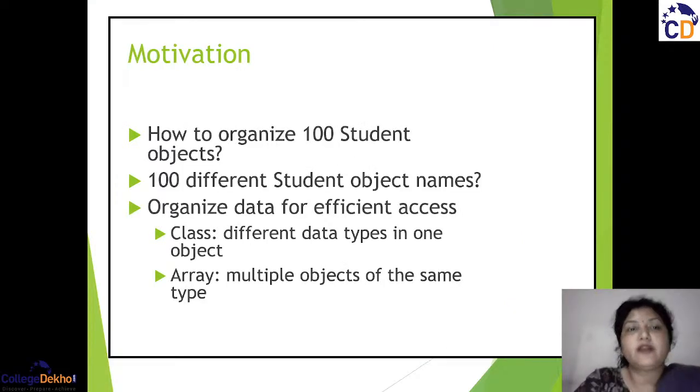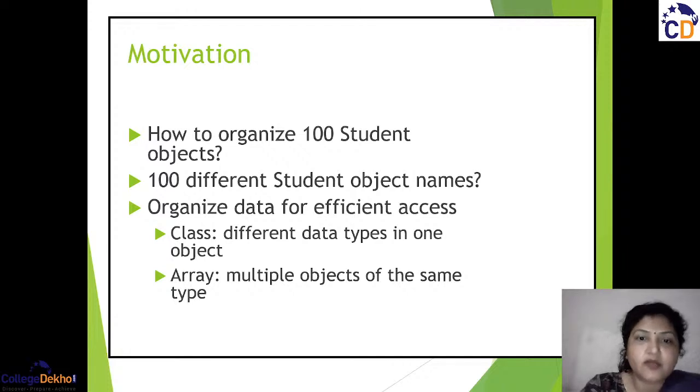First of all, what is the motivation behind arrays? Why are we using arrays? Suppose you are going to organize 100 student objects. Suppose you have the marks of 100 students. You don't want to save them just anywhere.